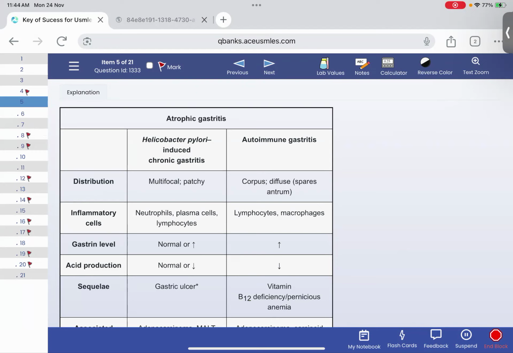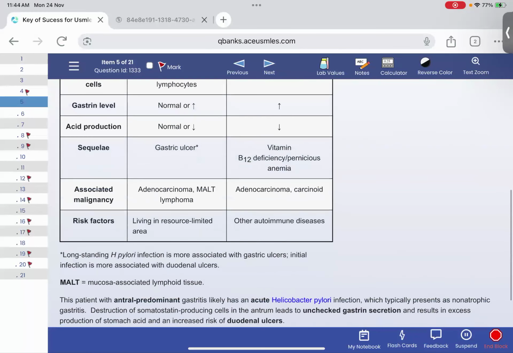In autoimmune, it will be low. Sequelae: gastric ulcer in H. pylori, and in autoimmune, you'll see vitamin B12 deficiency and pernicious anemia, okay? H. pylori is associated with adenocarcinoma or MALT lymphoma, and autoimmune is associated with adenocarcinoma. Risk factors: living in resource limited areas and other autoimmune diseases.